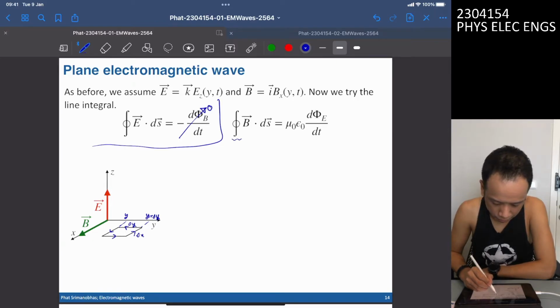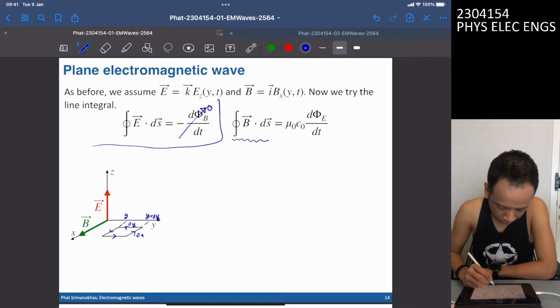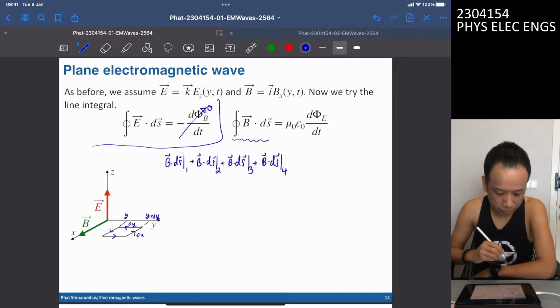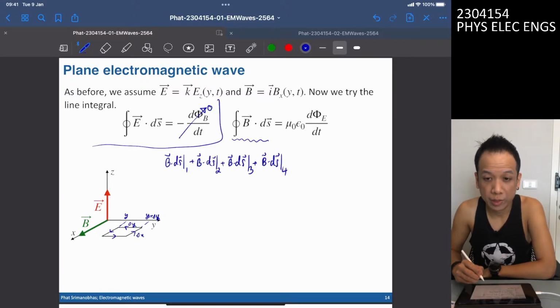If I start from the left-hand side, it becomes B dot ds in region 1 plus B dot ds in region 2 plus B dot ds in region 3 plus B dot ds in region 4. Okay, and then you consider which region should be 0.